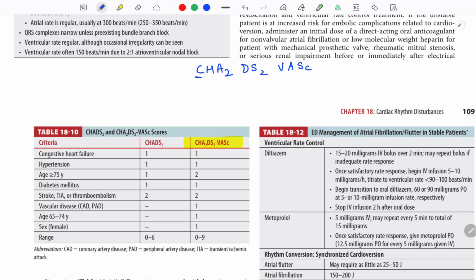For the rest, if present, they get 1 point. C is CHF. If the patient has CHF, 1 point. Hypertension, 1 point. Age more than 75, 2 points. Diabetes, 1 point. Stroke, 2 points. Some vascular abnormality, 1 point. Sex is female, 1 point. And age between 65 to 74, then 1 point.